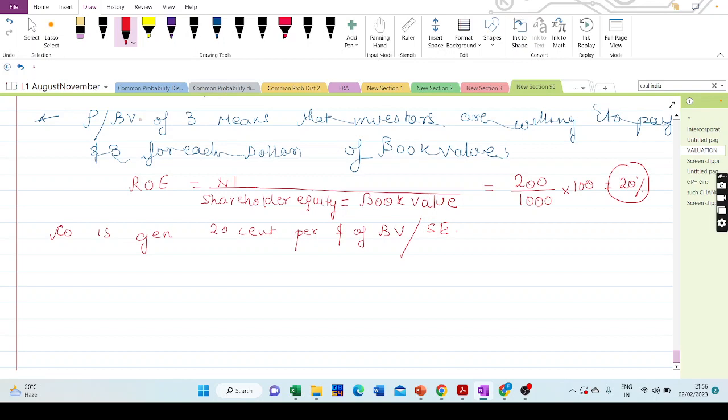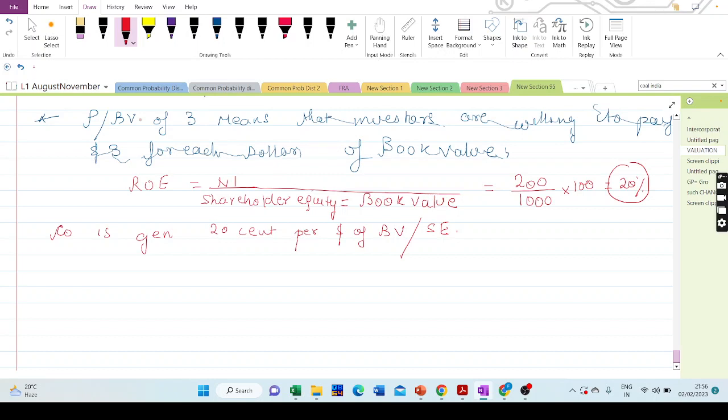So guys, a higher number is better. A higher ROE is better, because that basically means that the company is generating more profits per dollar of book value, right? So the higher the ROE, the better the financial health of the company.